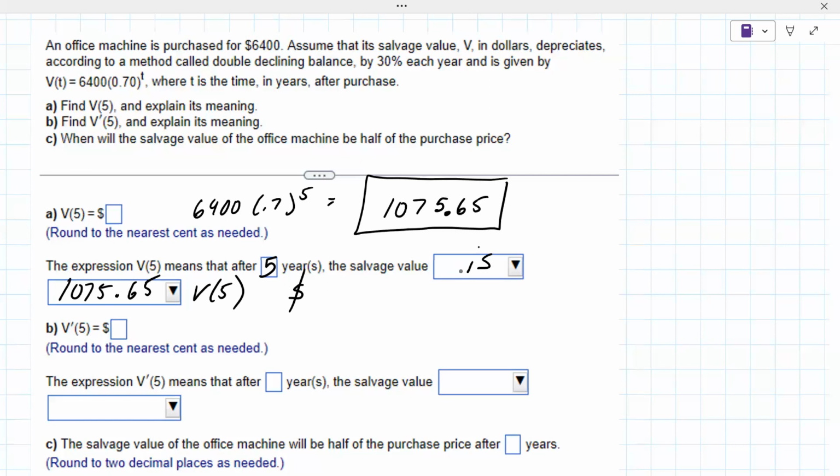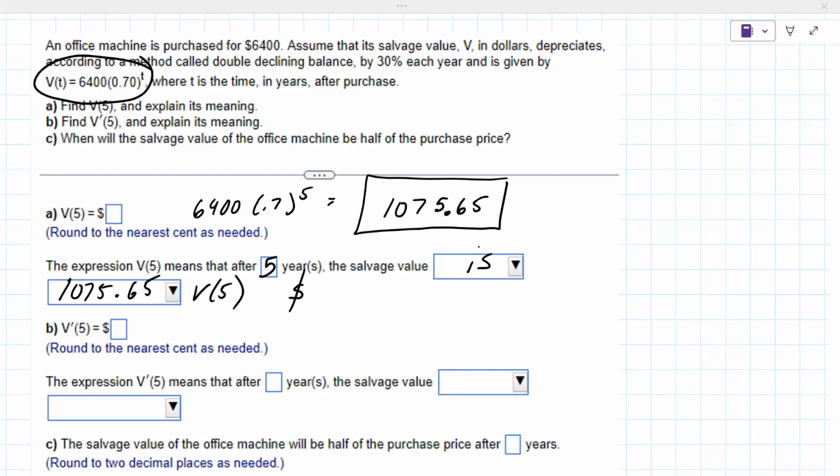Although this is a terrible example, nobody buys office machines like this anymore, but that's what we have. So for part B, you have to be able to take a derivative of this. This is a different derivative rule. You're at this part in the course where you're supposed to know all these. When I say that, I just mean I'm happy to cover them, but you've seen them in detail.